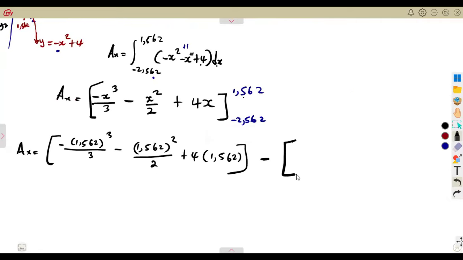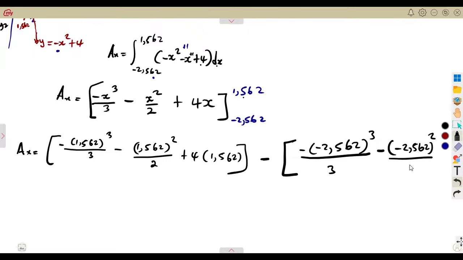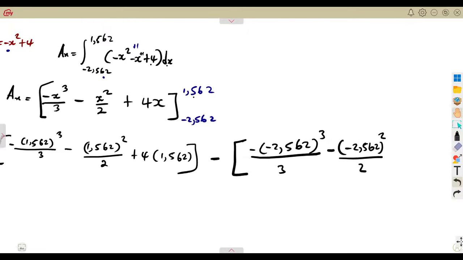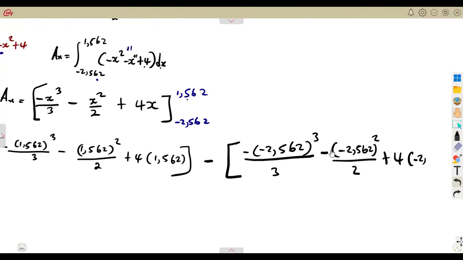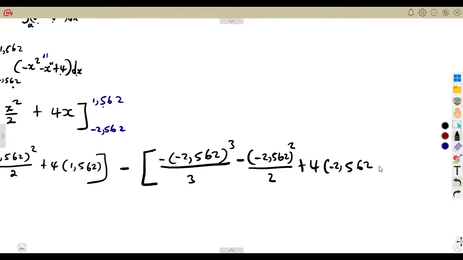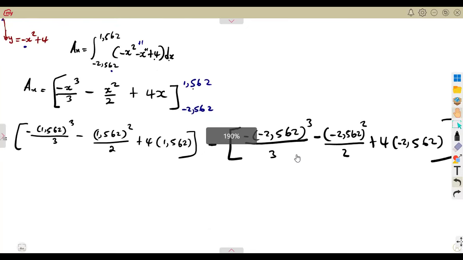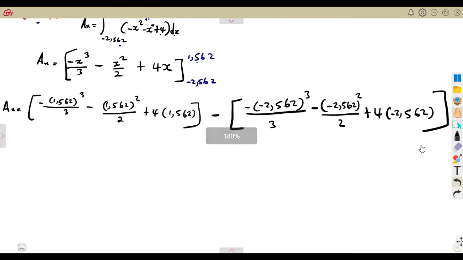Minus, we do the same thing on the lower when x is minus 2.562: minus 2.562 cubed over 3, minus minus 2.562 squared, everything over 2, then the other part is plus 4 into our x, and our x is minus 2.562. So just like that, you substitute upper limit minus what is on the lower limit. That is going to give us the area with respect to x.